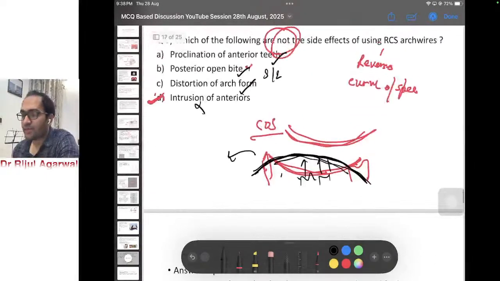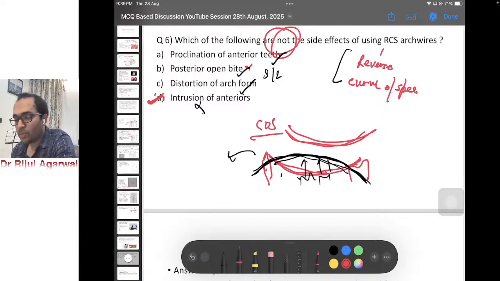These are all the side effects if they are left for long periods of time. The RCS arch wire. So you understood the purpose and the side effect. The question can be phrased as which of the following is not the side effect, or which of the following is a side effect of using RCS arch wire. Okay, so I have covered all the varieties of question which you can get on RCS arch wire.